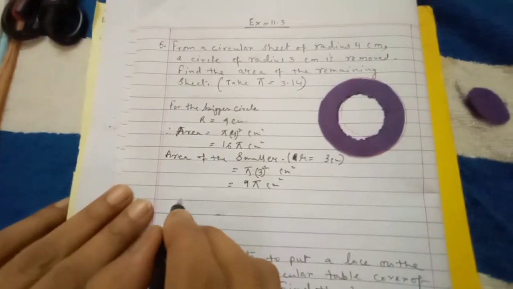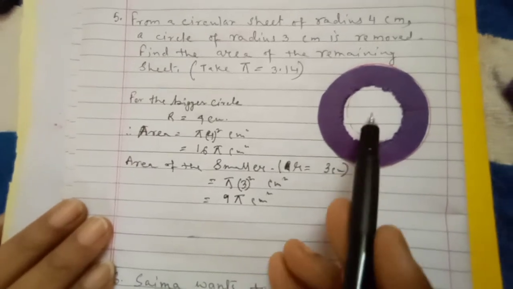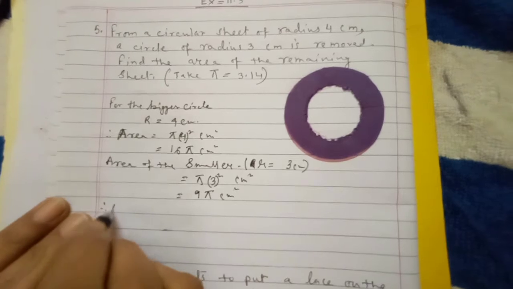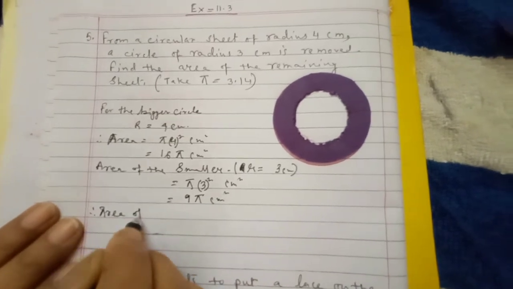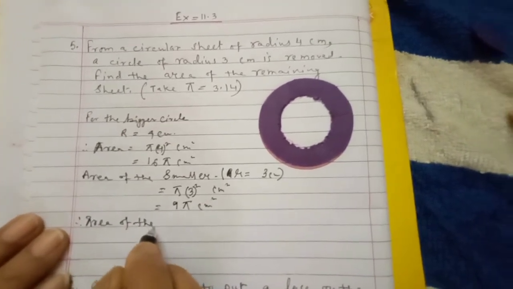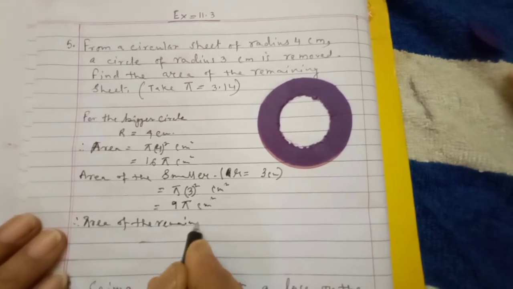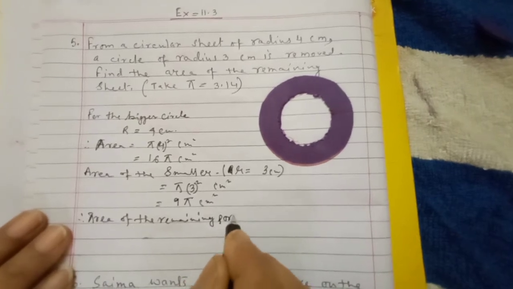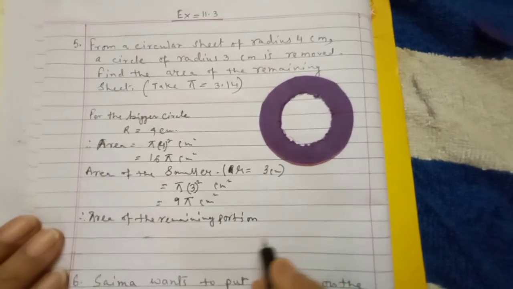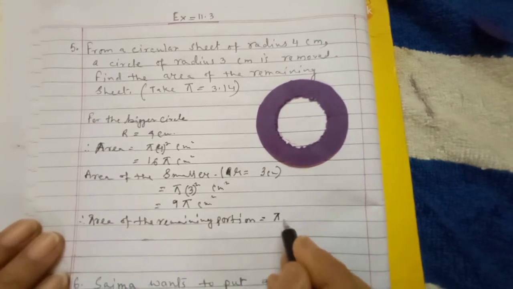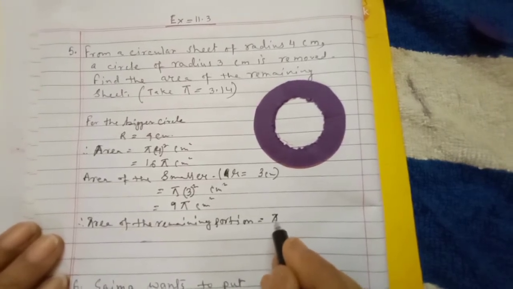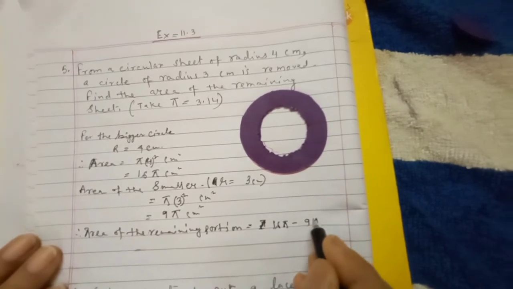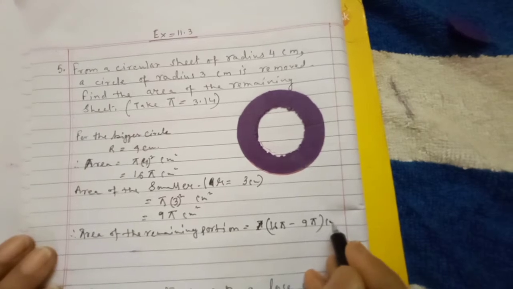Therefore, the area of the remaining portion, when you remove this area, is equal to 16 pi minus 9 pi centimeter square.